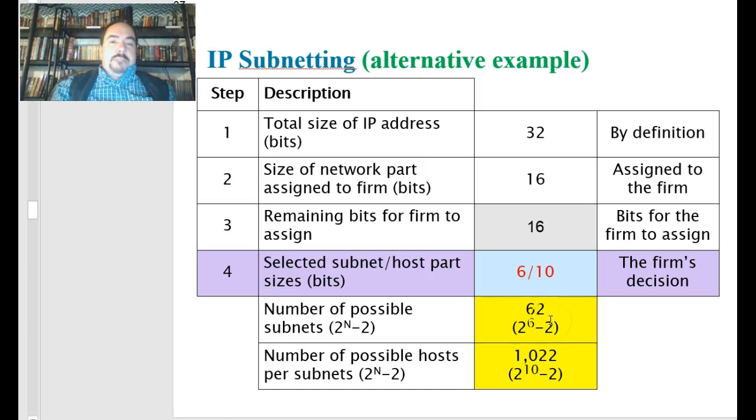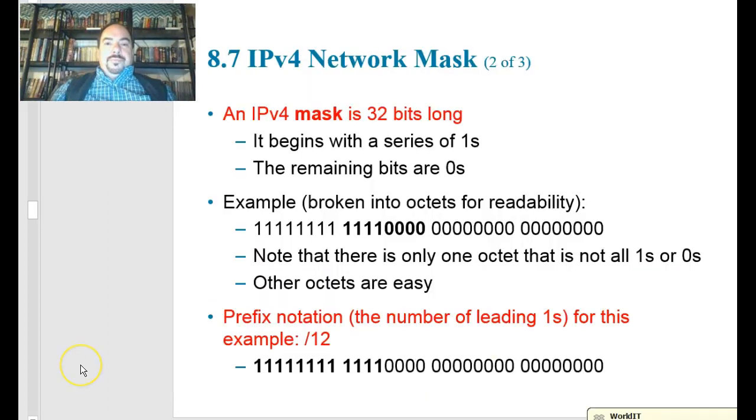Let's say I have 20 different divisions. 62 still gives me plenty of growth space. So 2 to the 6 minus 2, I've got 62 possible subnets with over 1,000 hosts I can have per subnet. Maybe that's better for your organization. This is just a mathematical example of how it works.